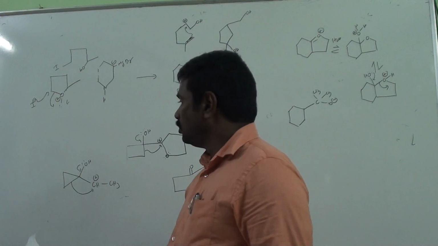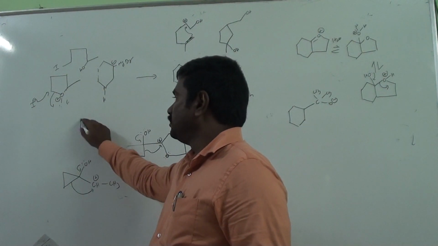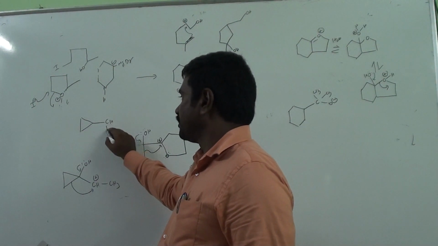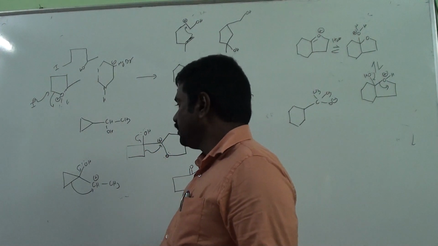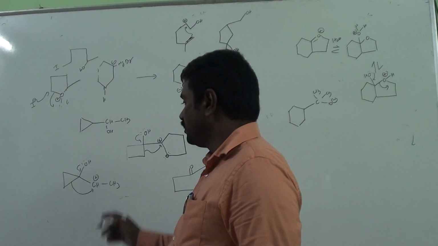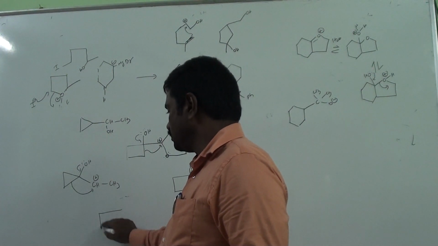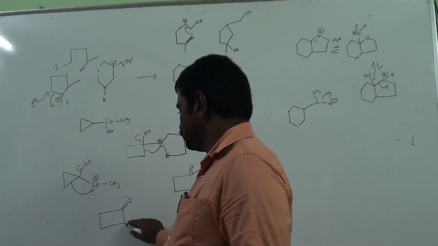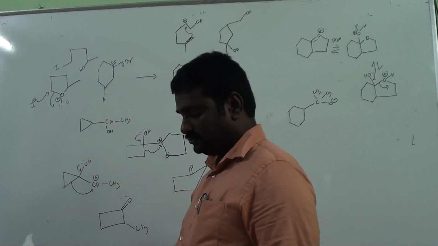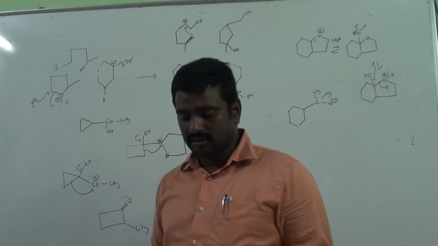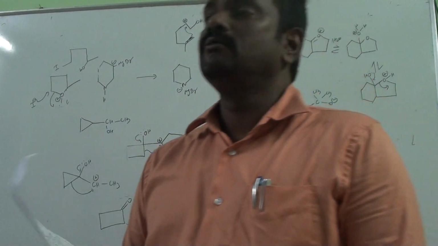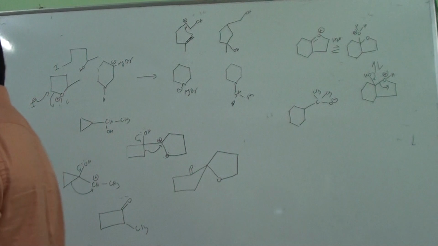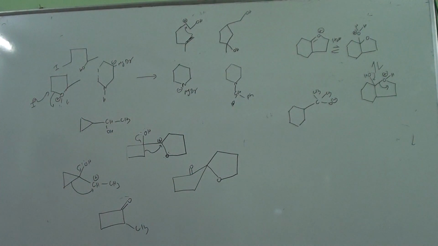If OH is not there, this could be the major product. But since OH is there, ring expansion will definitely happen in the major product. So you have CH3.